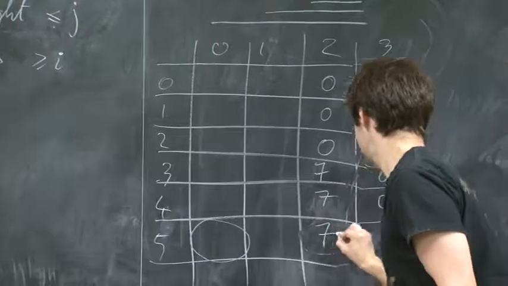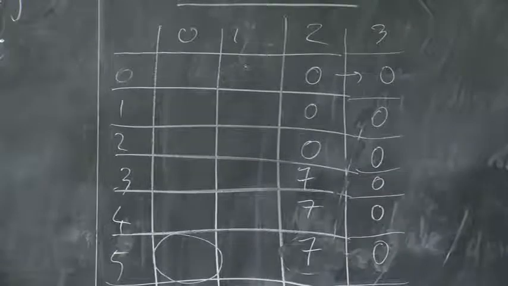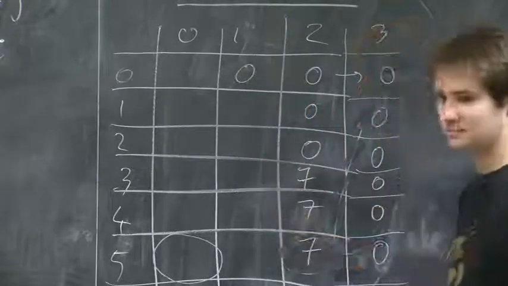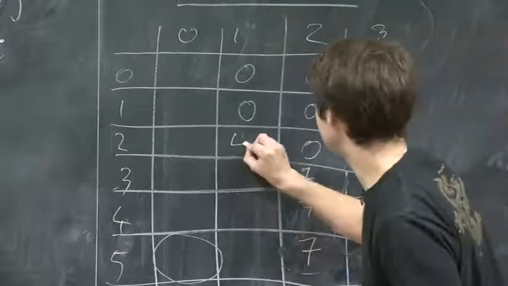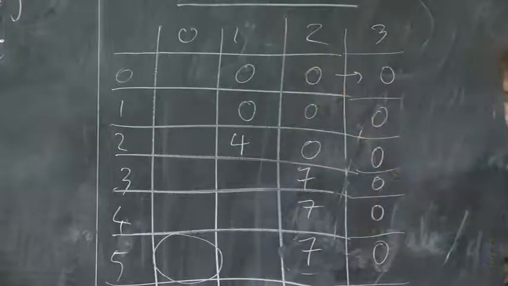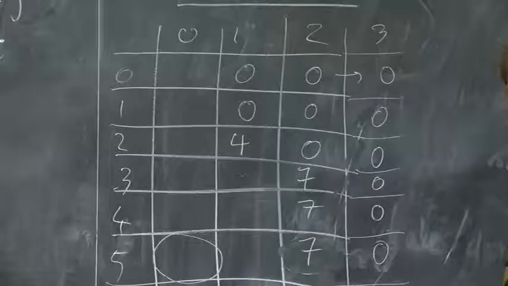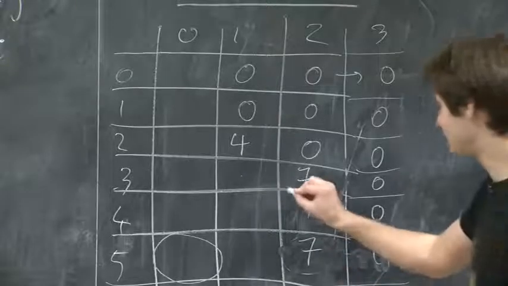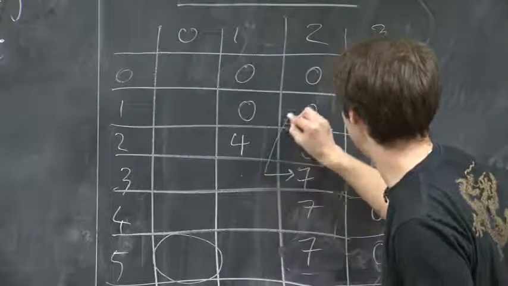OK. 7, 7. How about this? 0. 0. 4, 4. The maximum of 0 and 4 plus 0, right? OK. No, 7. So it's the maximum of 7 or 4 plus 0.